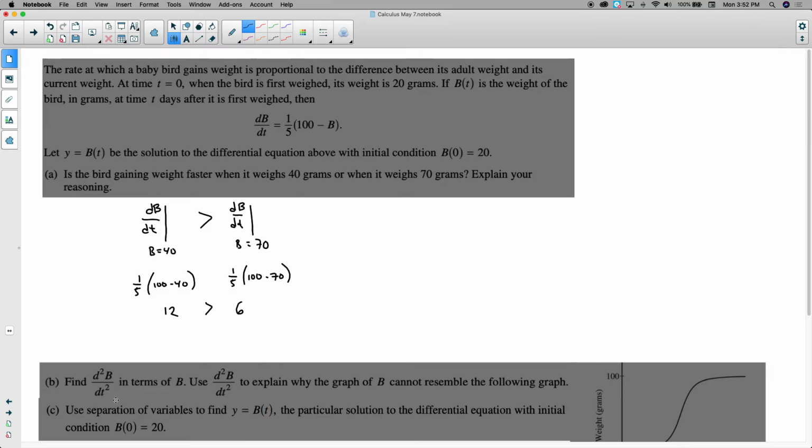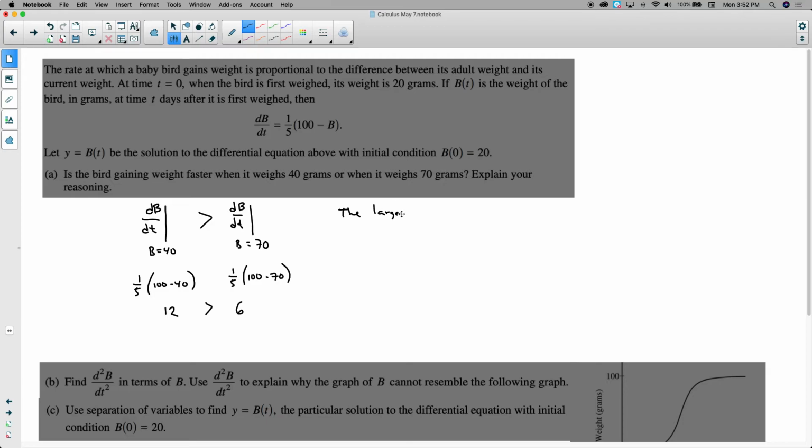Explain my answer. I guess I could explain my answer in words. I don't know that they want me to do it in words, but I'll do it. So what's my logic here?